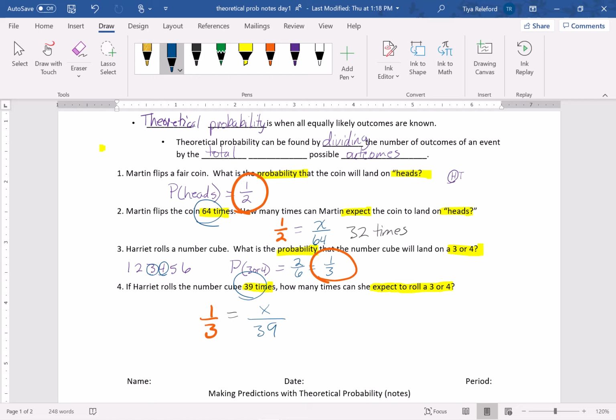So when you solve that proportion for x, you're going to know how many times she can expect to roll a 3 or a 4. So 1 times 39, 3 times x, divide by 3, x equals 13. So she can expect to roll a 3 or a 4 13 of the 39 times she does it.